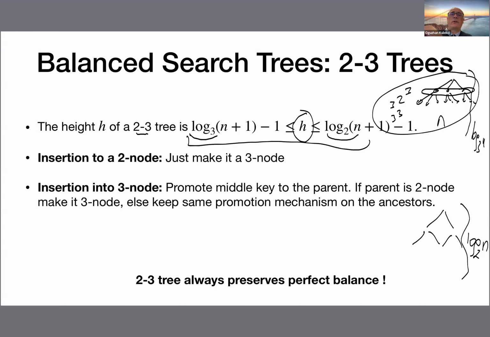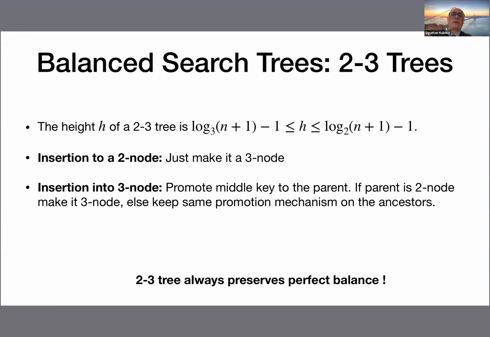However, in the 2-3 trees, whenever you would like to insert something, you will always be inserting at the leaf nodes. If that insertion is being made to a 2 node, it is very straightforward. You can just make it a 3 node.